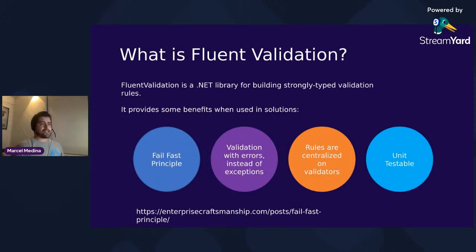But what's nice about this library is that it provides some benefits. So the fail fast principle, that stands for stopping the current operation as soon as an unexpected error occurs. That's the principle that comes with fail fast. And I put a link here down, so you can explore this one later in more detail. Also, this library shows errors rather than exceptions.